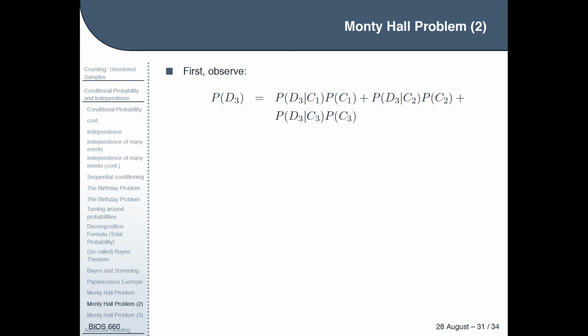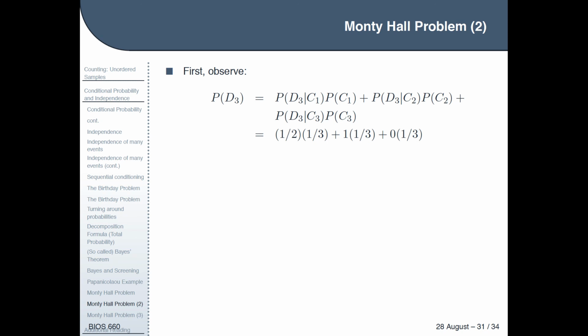First, let's compute the probability that the host opens the third door, given that you chose the first door initially. We can use the decomposition formula. That's the probability that he opens the third door given that the car is behind the first door, plus the probability that he opens the third door given that the car is behind the second door, plus the probability that he opens the third door given the car is behind the third door.